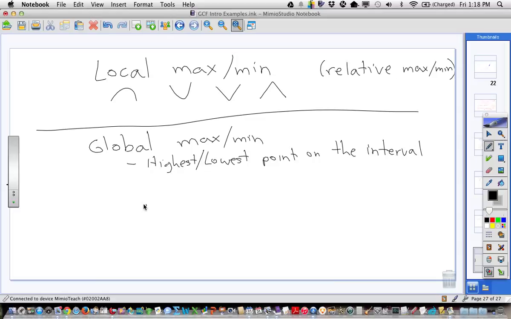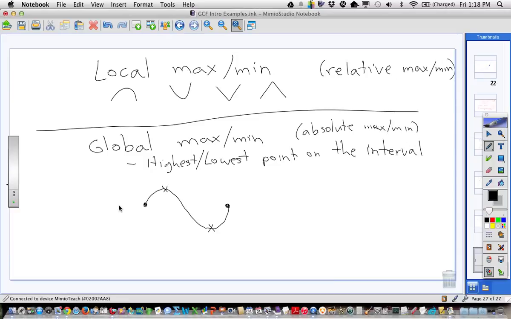So, for example, I could have a graph that goes up, down, and up. Well, in this case, my global max and min is also my local max and min. Another term that's sometimes used is absolute. Let me put that here. Sometimes this is called absolute max and min. Global is sometimes called absolute.